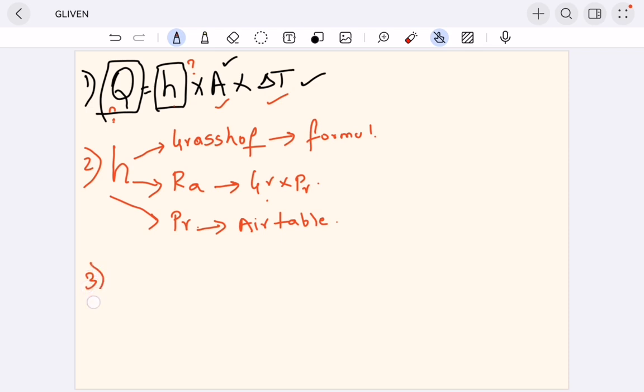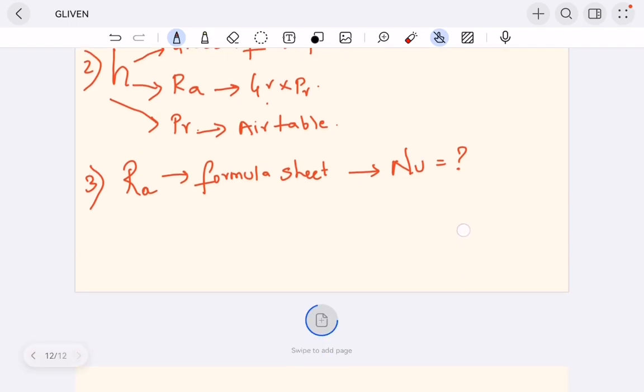Then depending upon the Rayleigh number from the formula sheet, I am going to choose the formula for Nusselt number and calculate the Nusselt number.